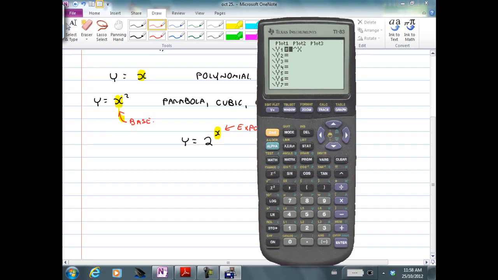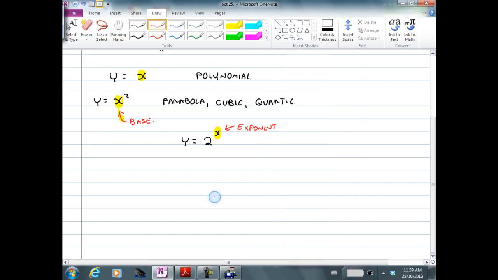It will get rid of the highlighting for you. Now hit graph. It should work, right? Sometimes for some weird reason this thing is highlighted. If it's highlighted, get rid of it. Notice there's nothing highlighted, and your graph looks like that.